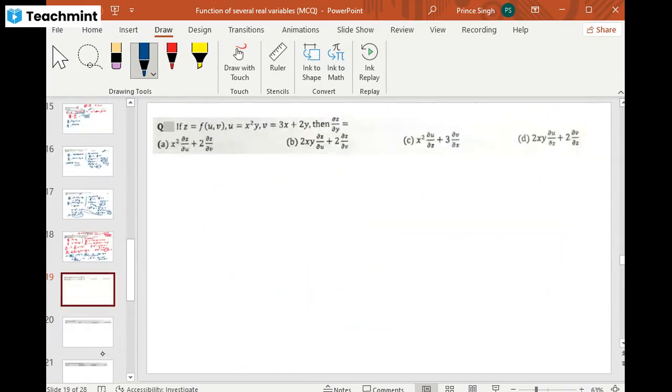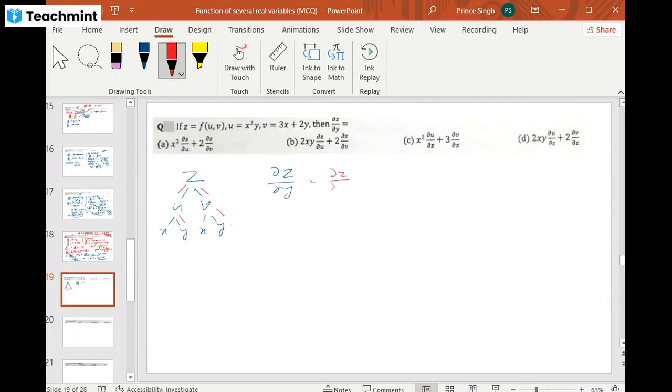Okay, now let us move to the next question. Next question is based on that z is a function of u and v, and u and v, they are function of x and y. So we need ∂z/∂y. So here we need to apply chain rule with respect to u, with respect to y, with respect to v, with respect to y.